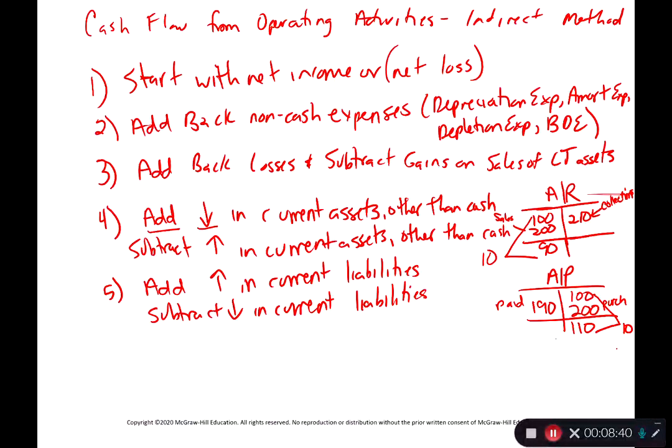We'd have to add the 10 to that to bring it down to negative 190. So that's why it says add increases in current liabilities. Those are the reasons why the steps work. Again, just do it. You'll get it right. But this is the reason why it works, because of the fundamental way that the receivable and payable accounts work.